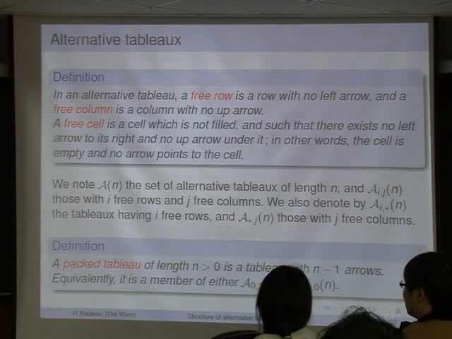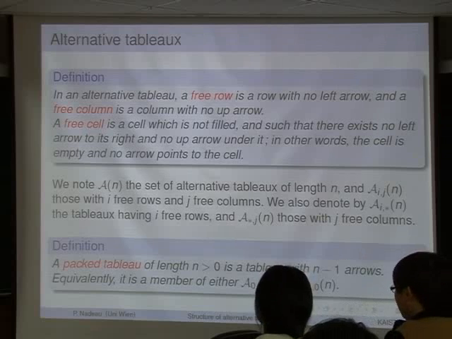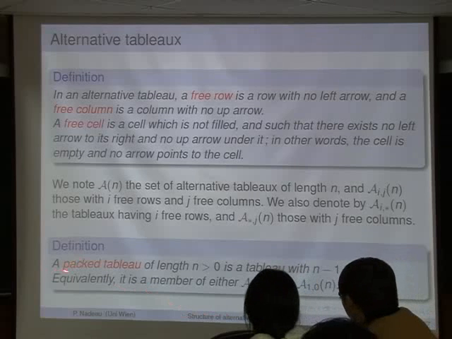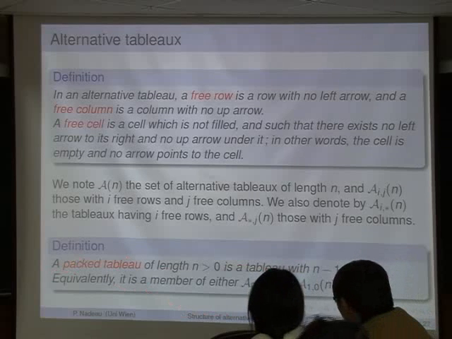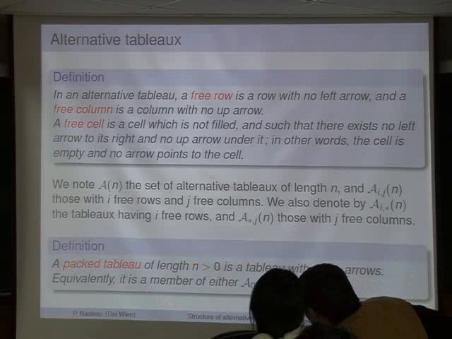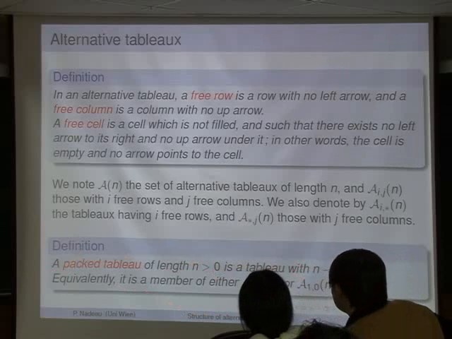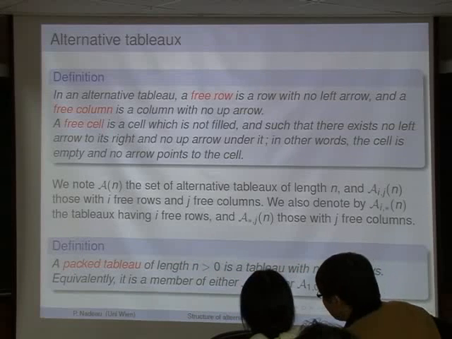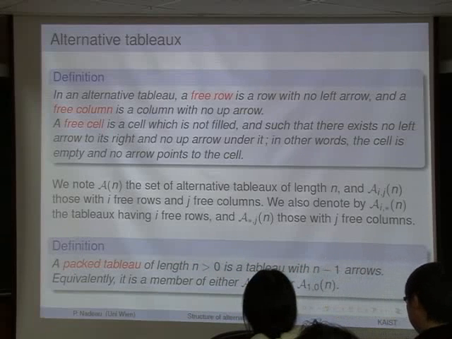Here it's not this at all. My length, my size here, is the number of rows plus the number of columns. This is really the good parameter. So a packed tableau of length n is a tableau with n-1 arrows, and it's easy to check that this is the maximal number of arrows that you can put in a tableau.